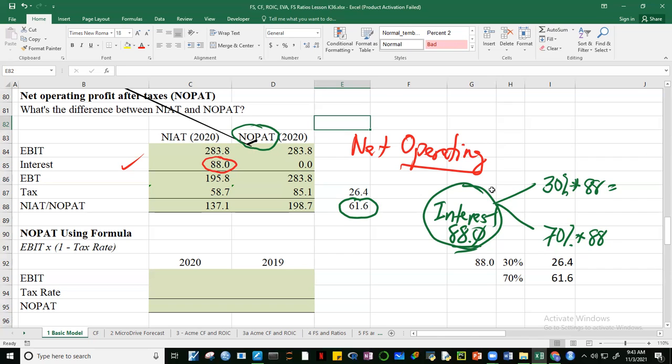When we look at the net income after tax, we notice that we subtract the interest expense to arrive at the net income after tax. Now, the interest expense is a financing activity. It's a result of financing activities. So it will be unfair to operations to subtract interest expense when the truth is they don't have any control over this.